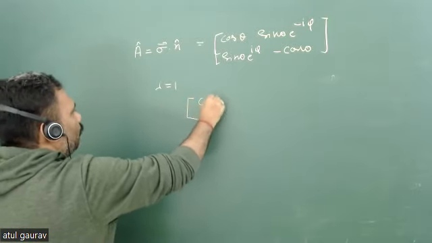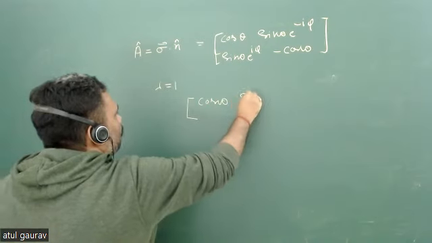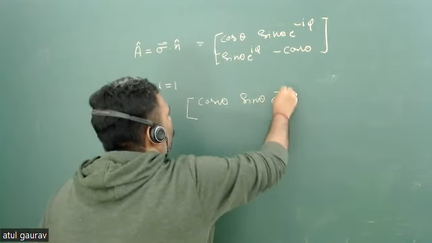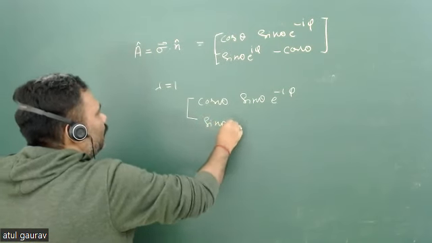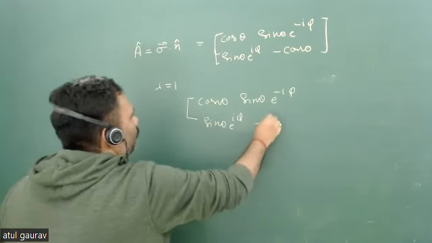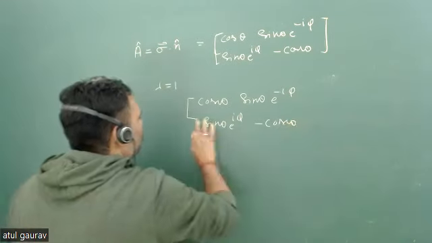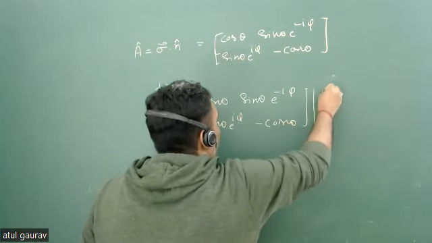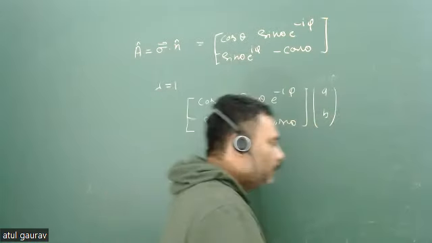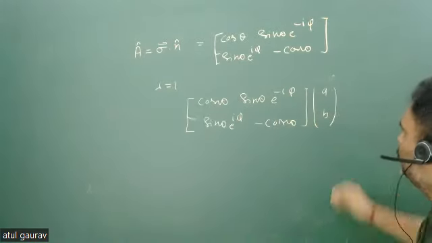So we have the matrix cos theta, sin theta e to the power -i phi, sin theta e to the power i phi, minus cos theta, acting on A and B, and we have to calculate the normalized eigenvector.